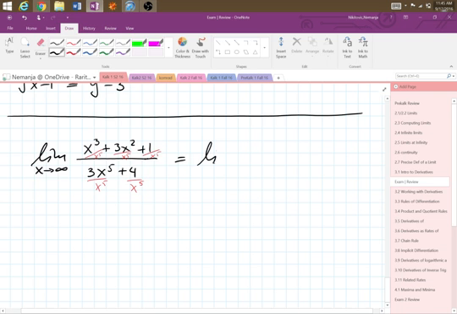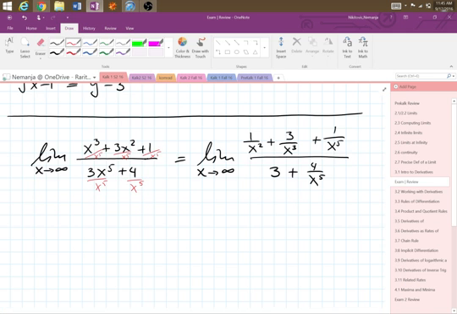And then simplify. So limit x goes to infinity, I get 1 over x squared plus 3 over x cubed plus 1 over x to the 5, divided by 3 plus 4 over x to the 5. Now we said that each one of these will be going to 0.